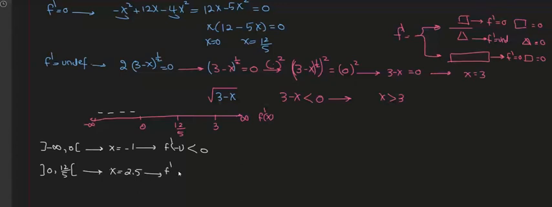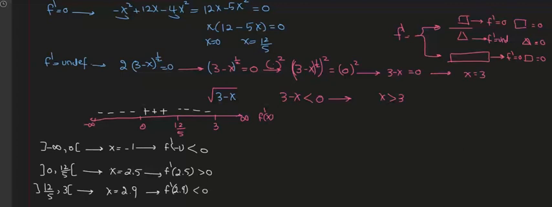So f dash at 2.5 is going to be positive from 0 to 12 over 5. And then from 12 over 5 to 3, we are going to test, for example, at x equals 2.9, before the 3, and therefore f dash at 2.9 is going to be negative, so indicating negative here.